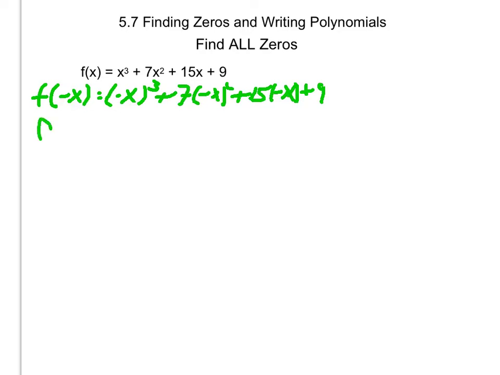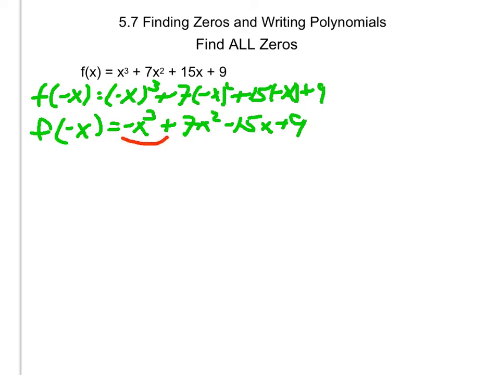So our sign changes for the negatives, here we're going to have negative x cubed plus 7x squared minus 15x plus 9. So taking a look at these sign changes for f of negative x, we have 1, 2, 3. So we can expect to have 3 or 1 negative solutions.